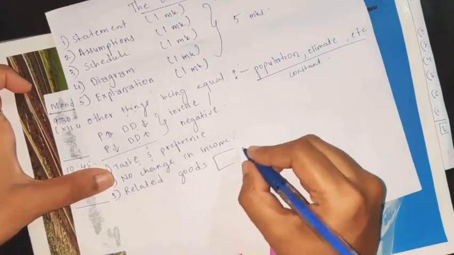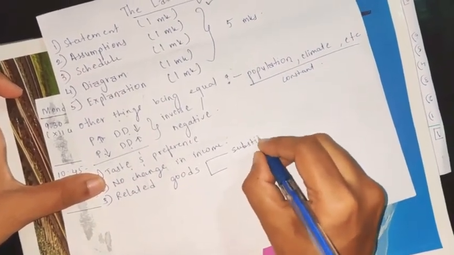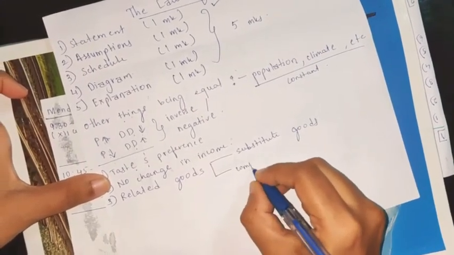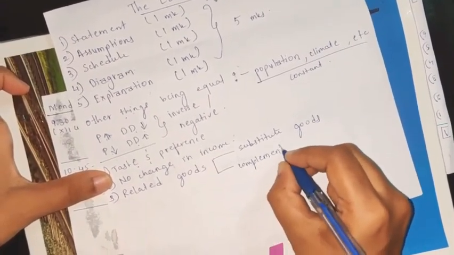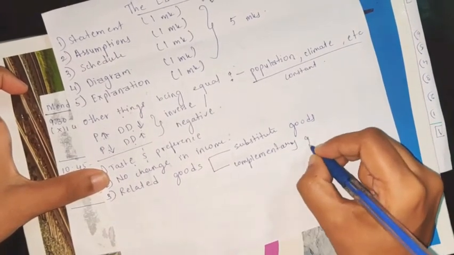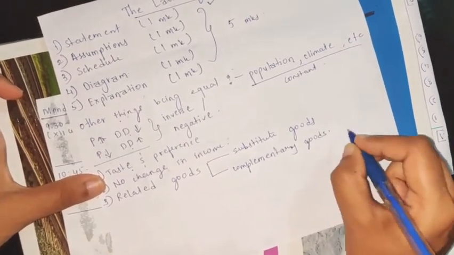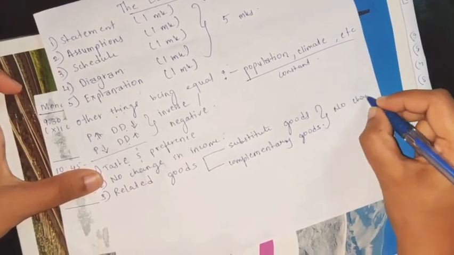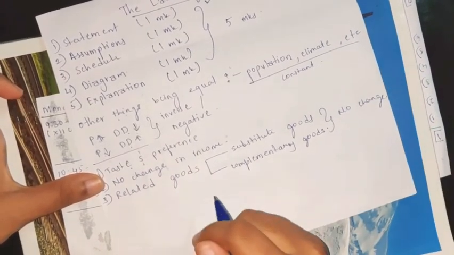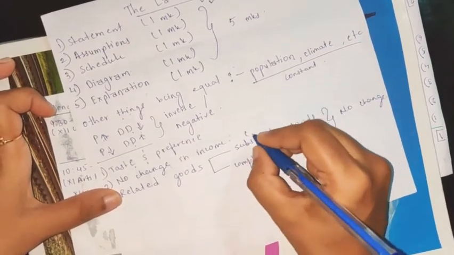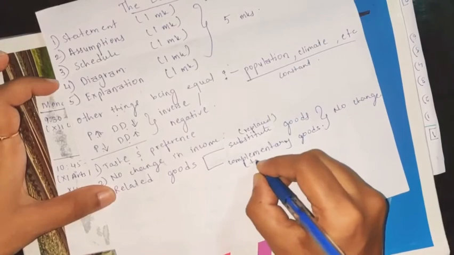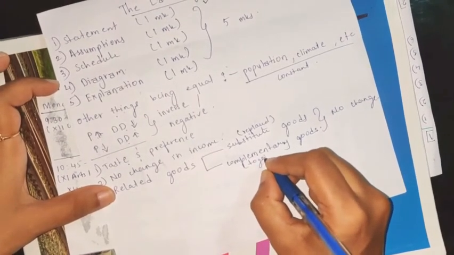The 2 goods, that is substitute, we have already studied substitute goods, and complementary goods remain unchanged. There is no change in both the goods. Substitute goods can be replaced for one another, and complementary means used together.